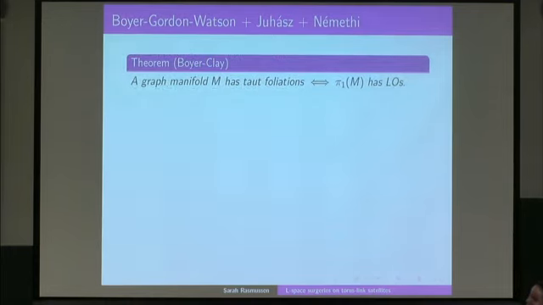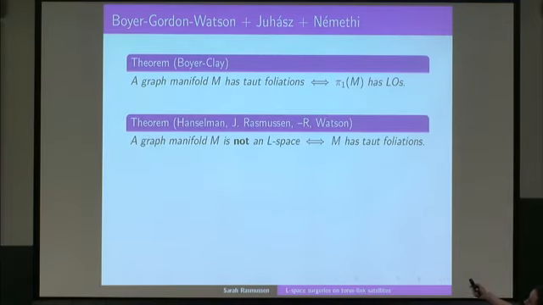So, for example, if you have a graph manifold, which is where all of the components in your JSJ decomposition are Seifert fibered, then Boyer and Clay were able to show that your graph manifold has co-oriented taut foliations if and only if the fundamental group is left orderable. And then my collaborators Hanselman, Jake, and Liam and I were able to show that a graph manifold M is not an L space if and only if it has co-oriented taut foliations.